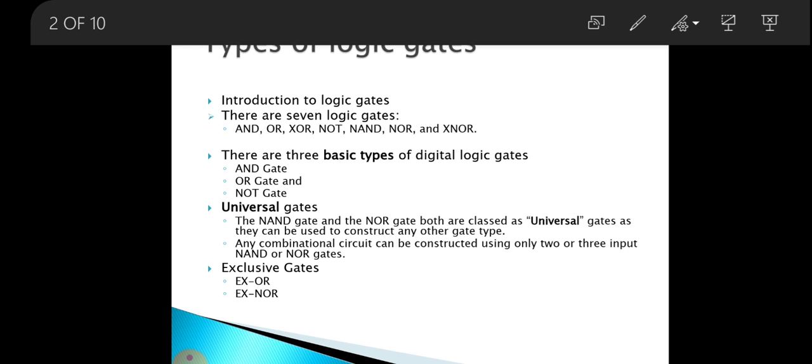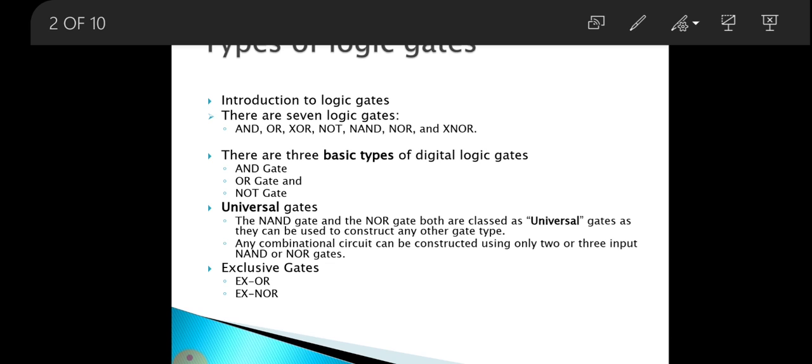There are two important characteristics of logic gates. First one is truth table and second Boolean expression. What is truth table? The operation of a logic gate or a logic circuit can be best understood with the help of a table called truth table. In that truth table, it consists of all possible combinations of the input and the corresponding state of output produced by that logic gate or logic circuit.